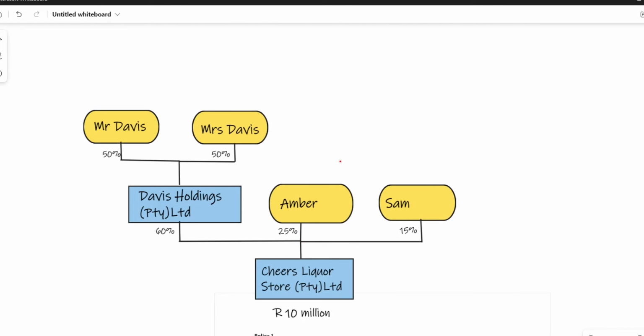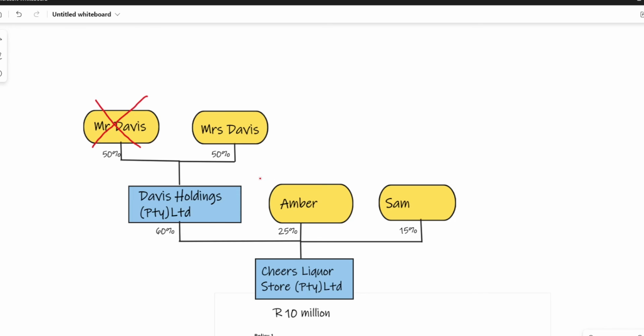Now, the interesting thing about the last scenario is that on the death of Mr. Davis, we've said that we need 6 million rands. Well, Amber and Sam will need 6 million rands in order to buy Davis Holdings out. But you'll cast your mind back that before that policy, that 6 million rands becomes estate duty free, or it doesn't get seen as deemed property.